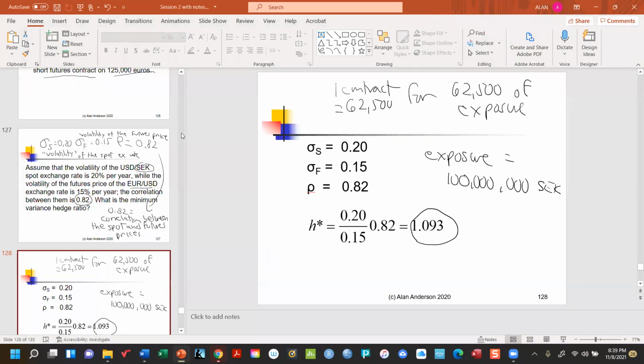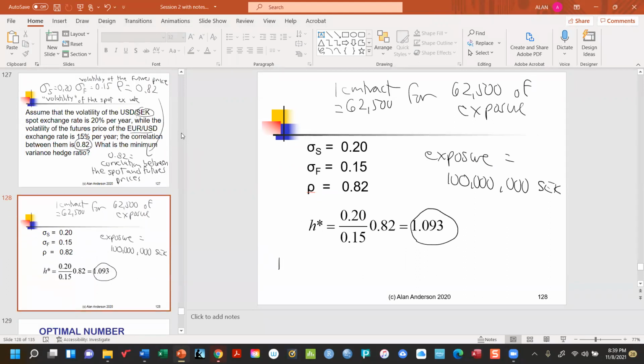So what does that mean we should do? Now we're buying 100 million Swedish kroner.